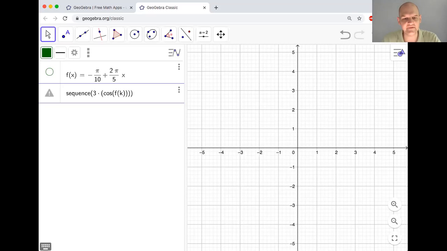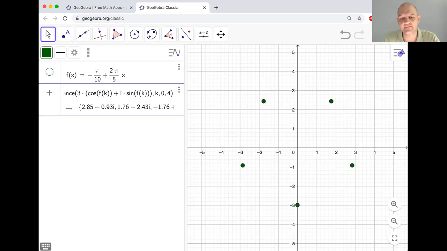So that's cosine of f of k, plus i times sine of f of k. And then I have just so many parentheses here. I think this should be the one that ends it. I feel like I have an extra. We'll find out. Let k be the parameter, and we're going to go from 0 to 4. It looks like it worked.